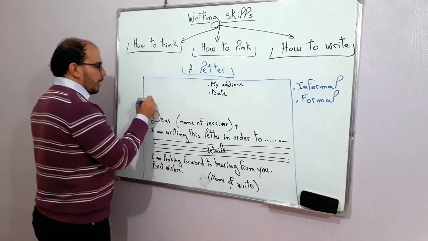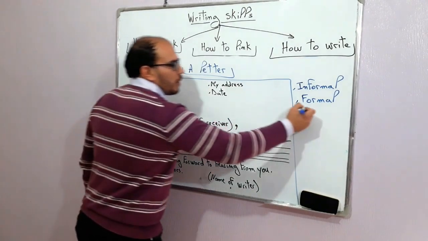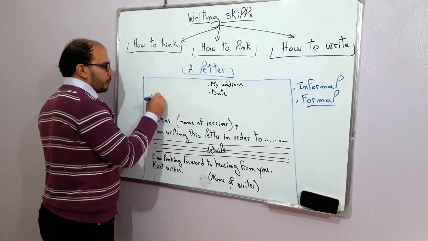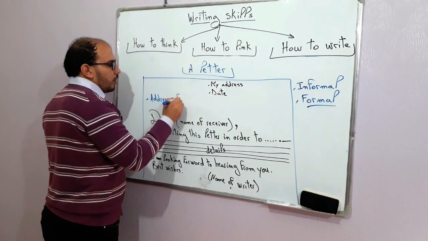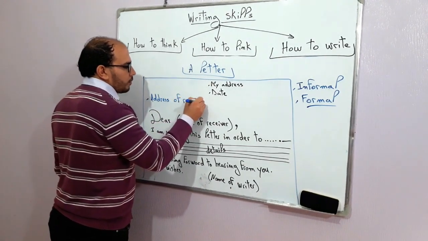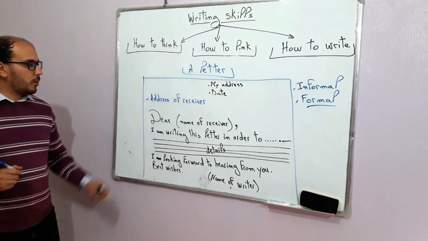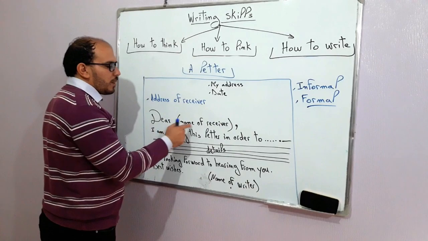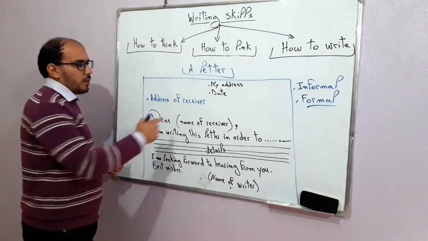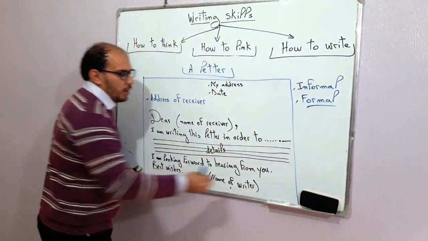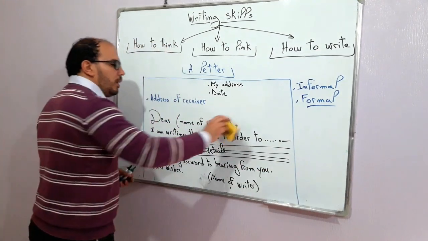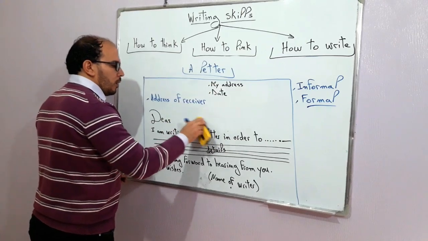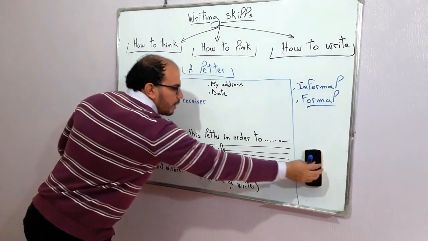For example, here if I want to make it formal, I have to add the address of the receiver. So this is change number one. Something else, when I say dear, I never say names because it is formal. So in this case, I don't say dear and the name of the receiver, but I say the title of the receiver.